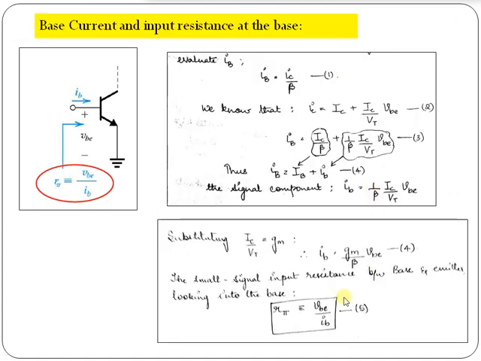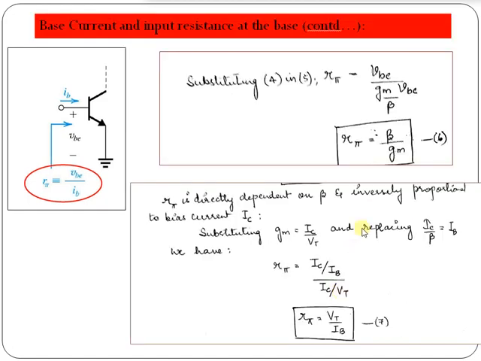Substituting GM equal to IC by VT and replacing IC by beta equal to IB, we obtain R pi equal to VT by IB. You need to remember these equations because they are essential while solving the numericals.